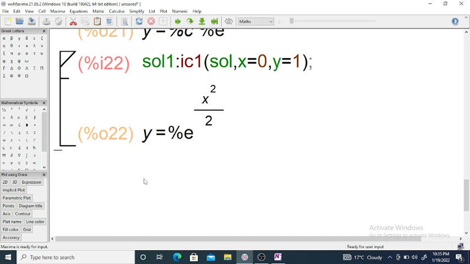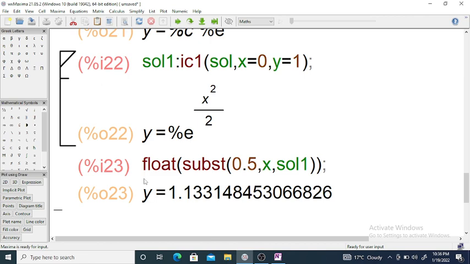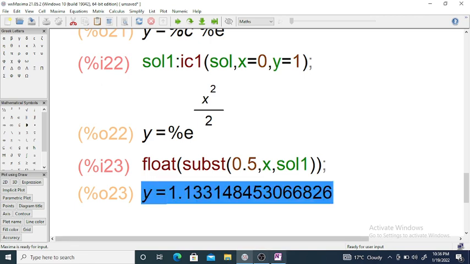Since it is a real number, we write the command float, substitute 0.5 for x in solution 1, and we get the solution 1.1331.